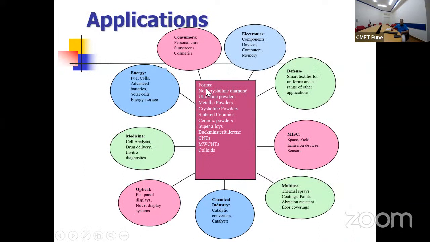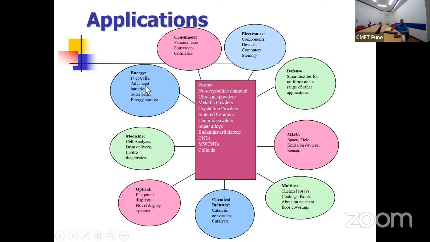And these come in different forms: non-crystalline diamonds, ultra-fine powders, metallic powders, crystalline powders, sintered ceramic powders, superalloys, fullerenes, carbon nanotubes, multi-wall carbon nanotubes and colloids, having different applications, like in consumer, personal care, sun care, where zinc oxide, titanium oxides are used.